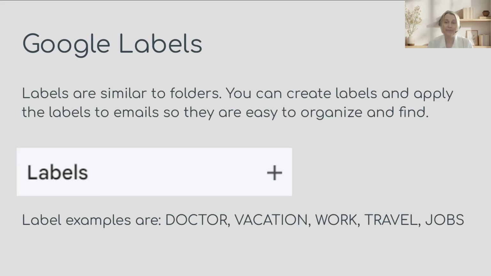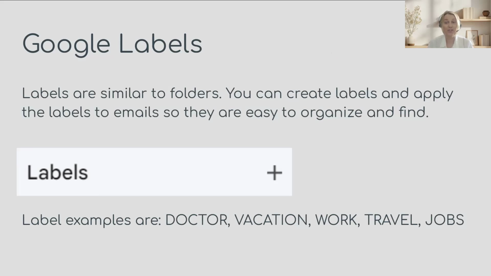Now, Google Labels. Labels are similar to folders. This allows you to create labels and apply the labels to emails so that they are easy to organize and easy to find. Now, you can create labels or folders for different topics.